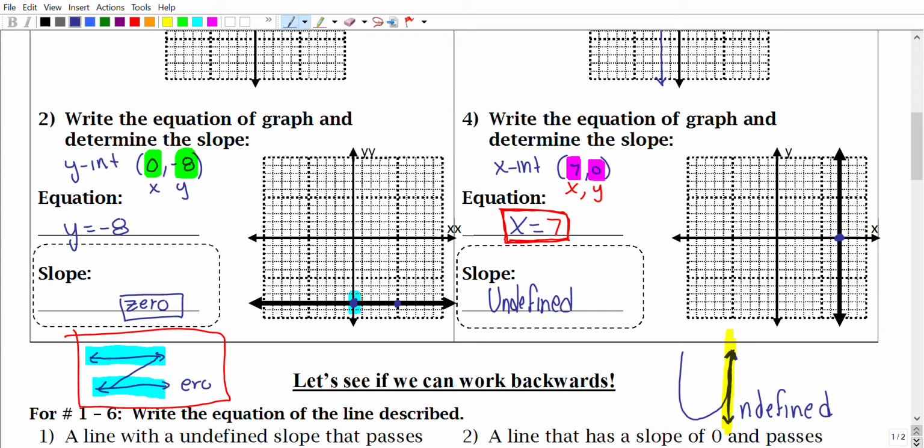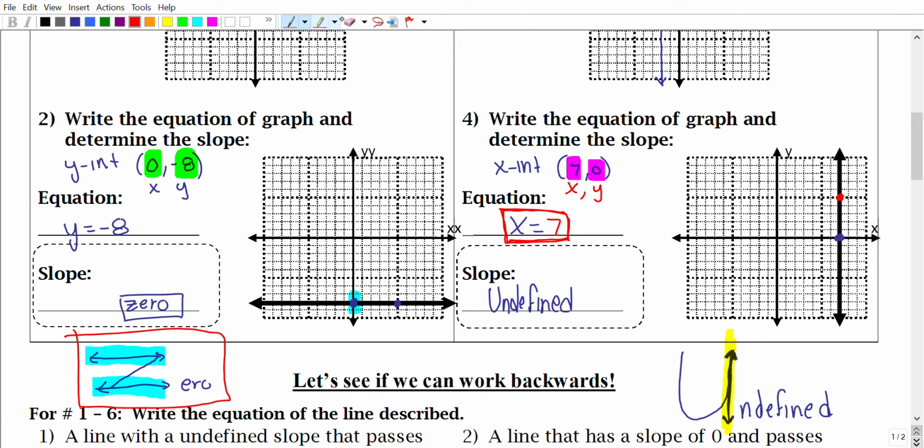If that doesn't quite convince you guys, remember you can always test 2 points to show you that it truly is undefined. So if you want, maybe pick this point. That's another point that's on the line, so I should be able to use that.